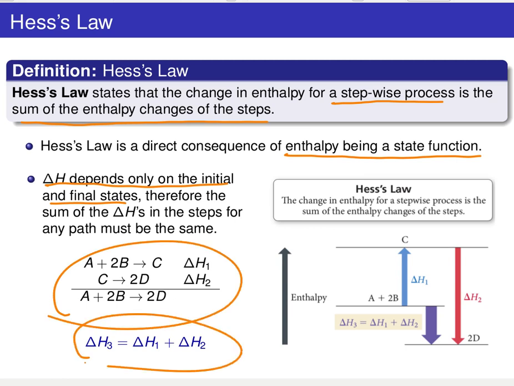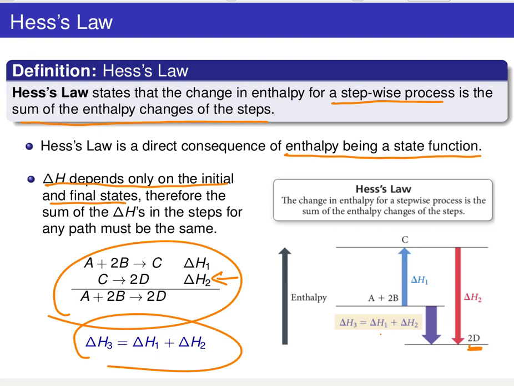To illustrate this previous example, we could switch it around and say, let's say we start off with some lower enthalpy reactants, A and 2B. They form product C, but then that product C forms a new product in a second chemical reaction that goes to an even lower enthalpy than those initial starting materials.